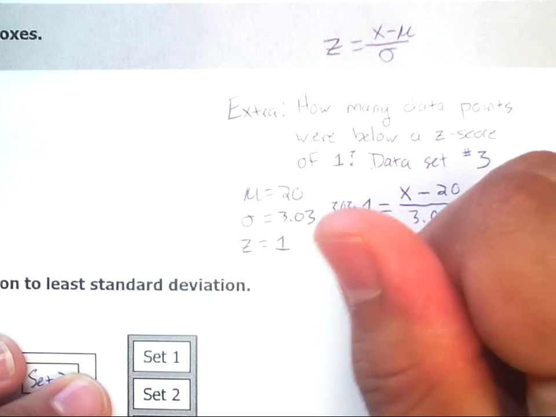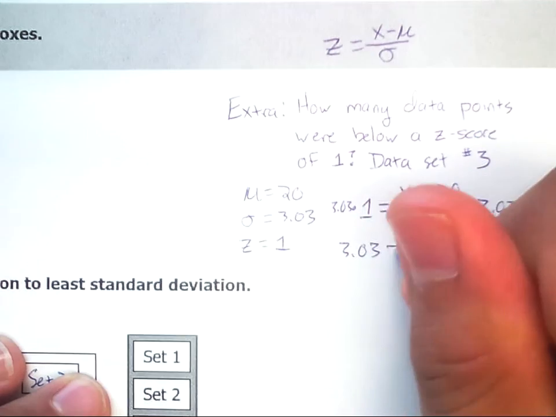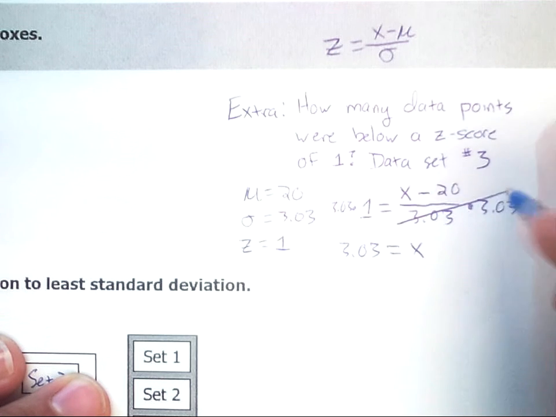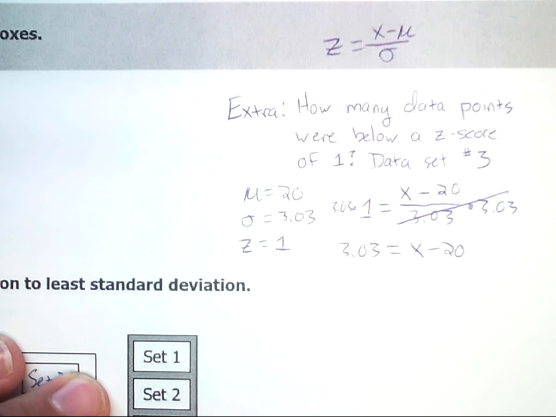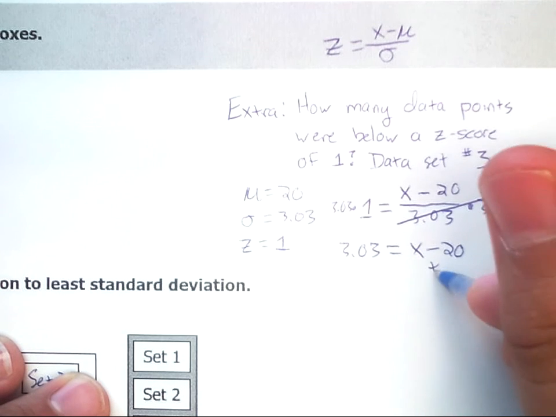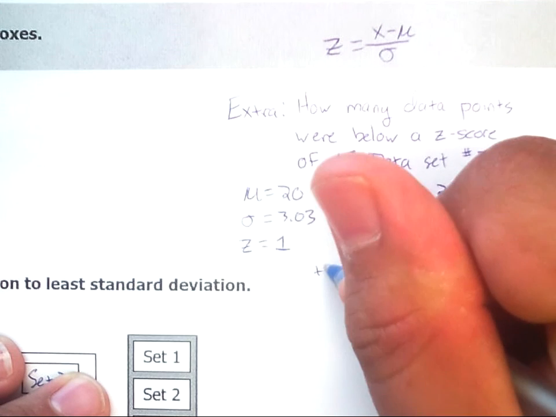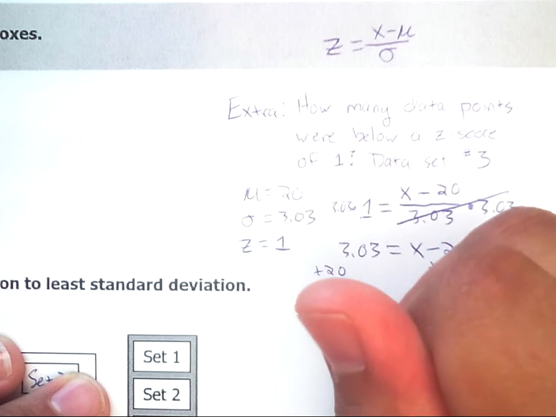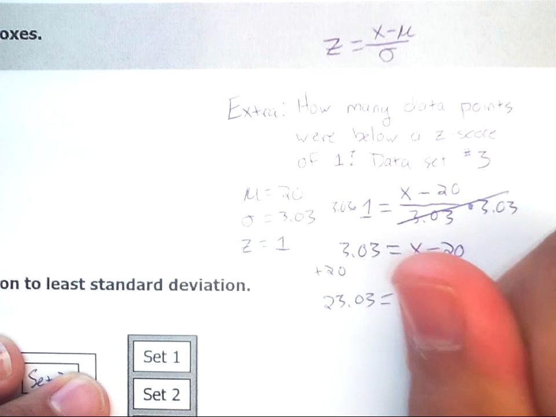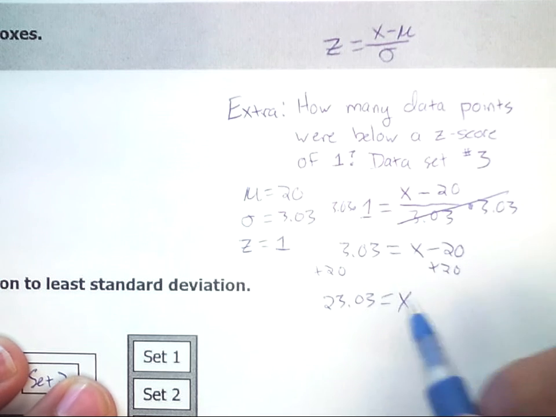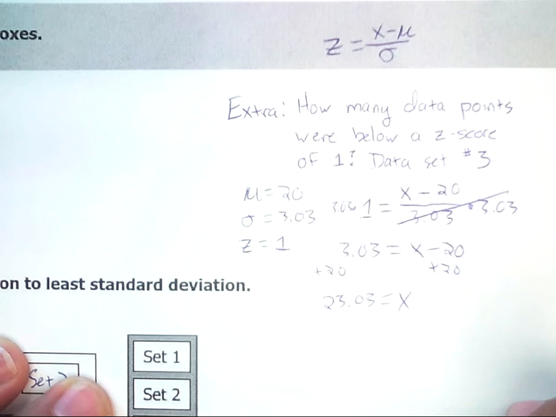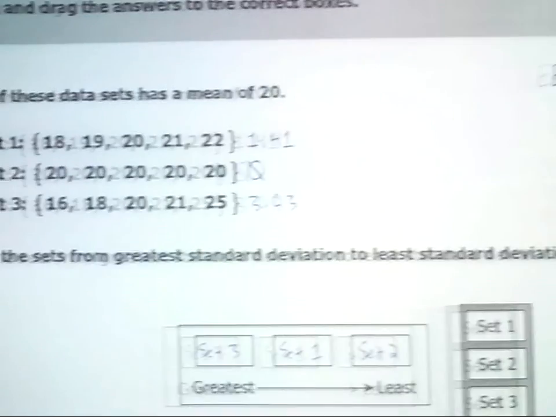So on the left, I'm going to end up with 3.03 equals, on the right side, this cancels out, x minus 20. And for the last part, we're going to add 20 to both sides. So the answer is 23.03 equals x.